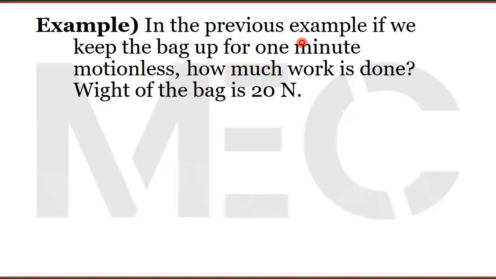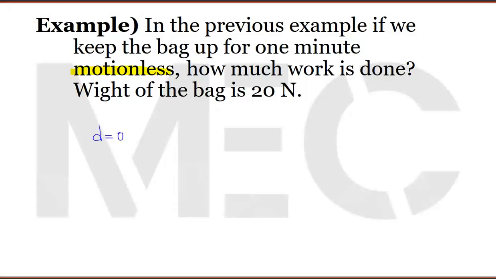In the previous example, if we keep the bag up for 1 minute, motionless, how much work is done? The weight of the bag was 20 Newton, of course. Because it is stated that it is motionless, there is no distance.